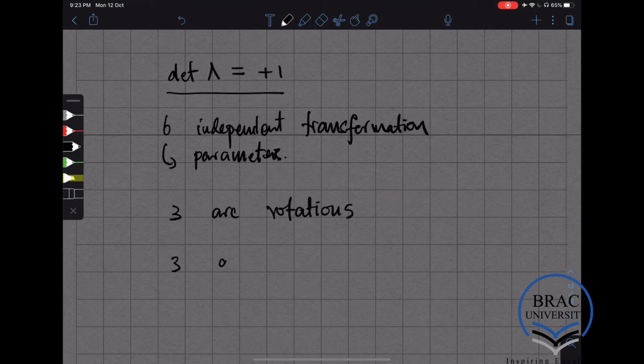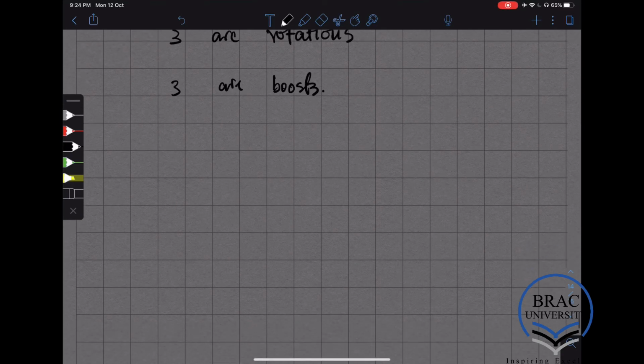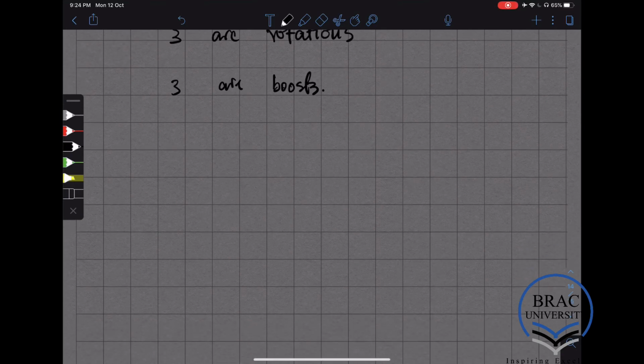And 3 are what we are going to call Lorentz boosts. So let's look at our interval, say ds squared. So this is minus dt squared plus dx squared plus dy squared plus dz squared.